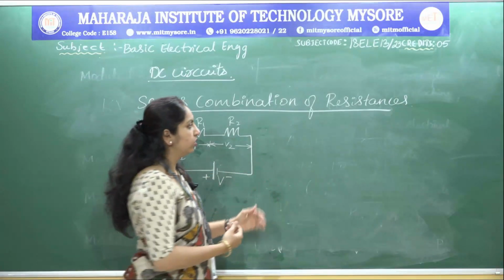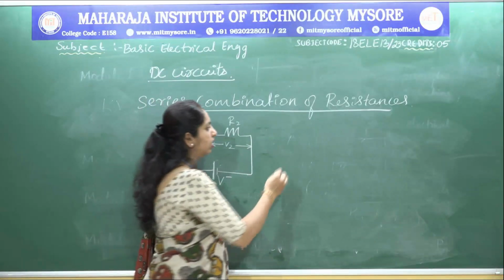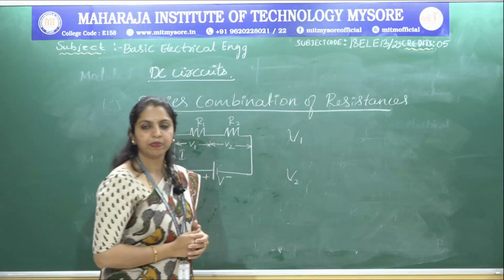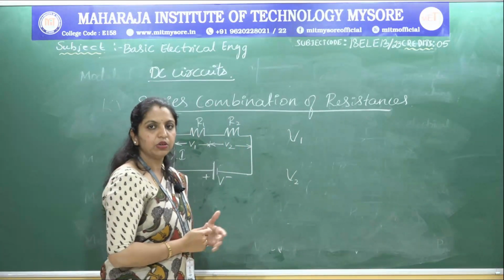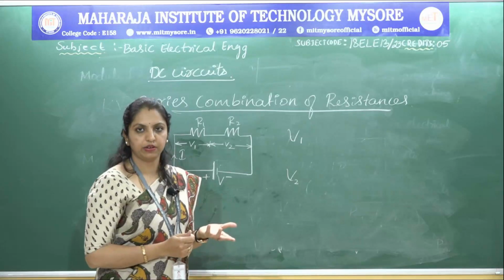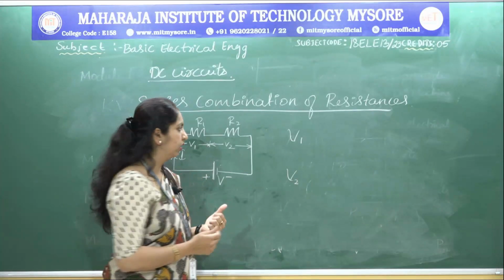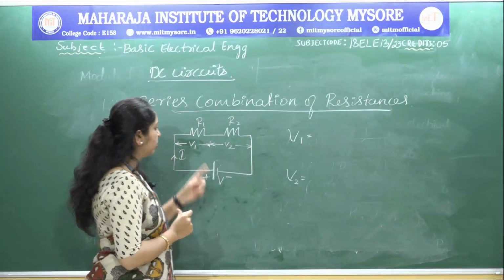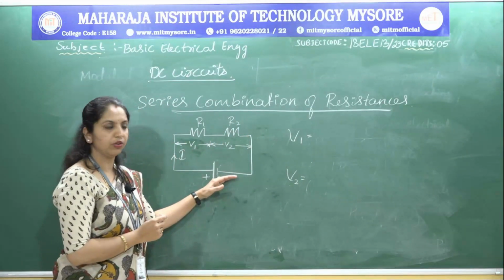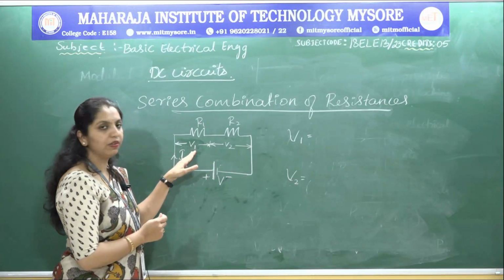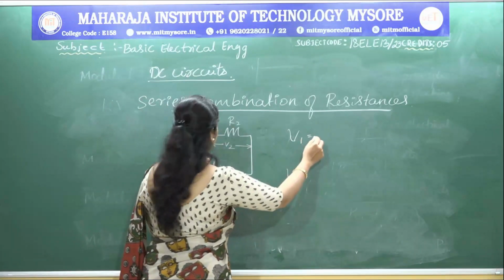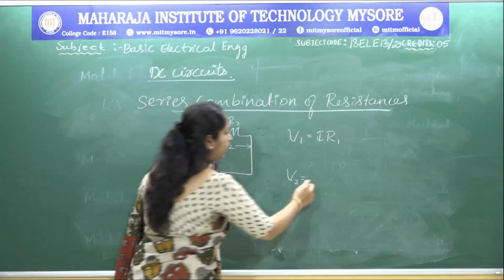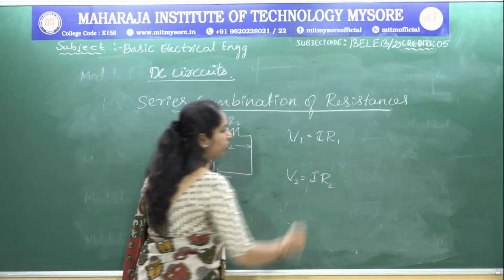Voltage divider rule means how we can calculate this V1 and V2 individually, without having the value of current. How can we calculate the value of V1 and V2? If you just consider this circuit, straight away I can write V1 is equal to I into R1 and V2 is equal to I into R2.